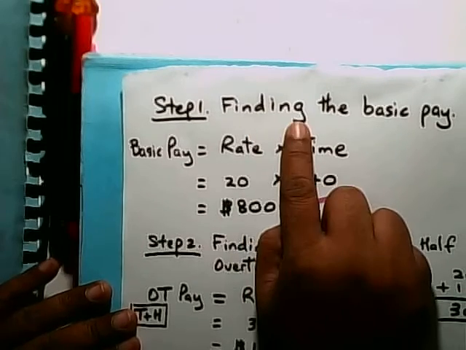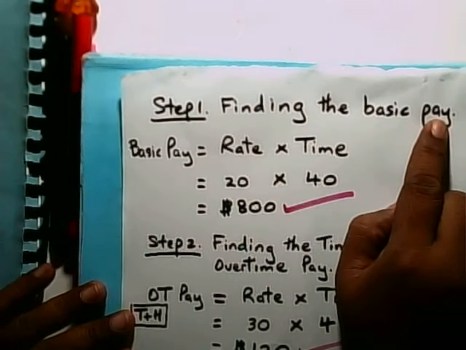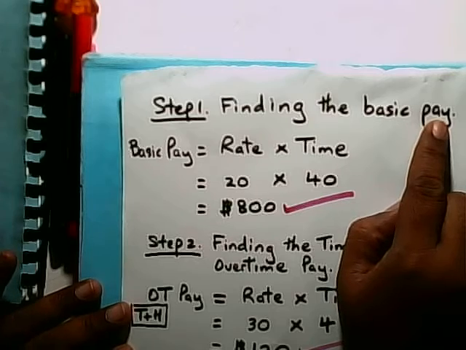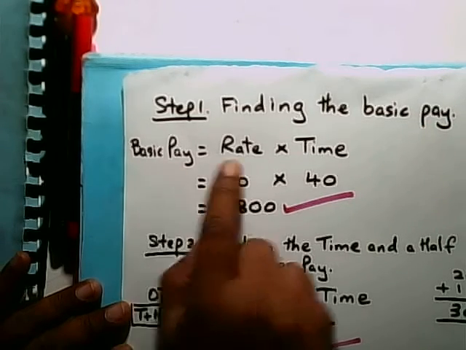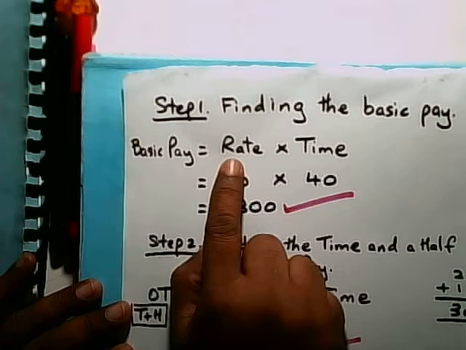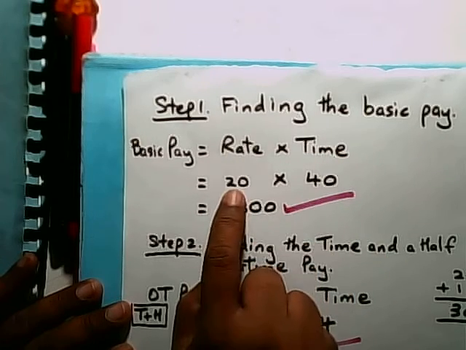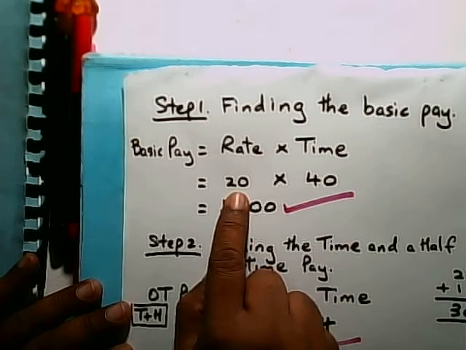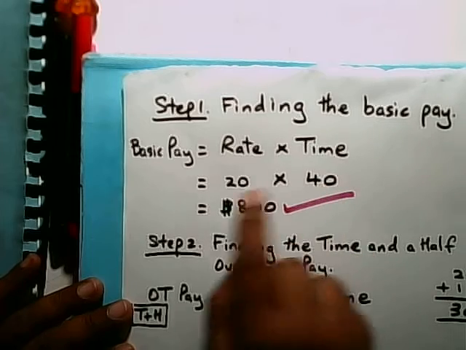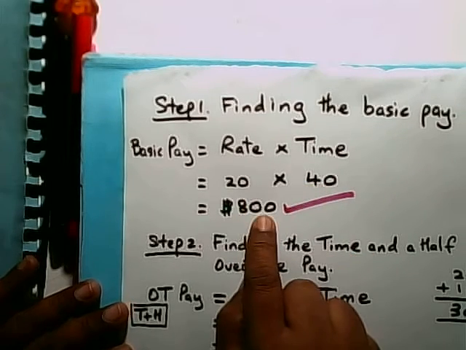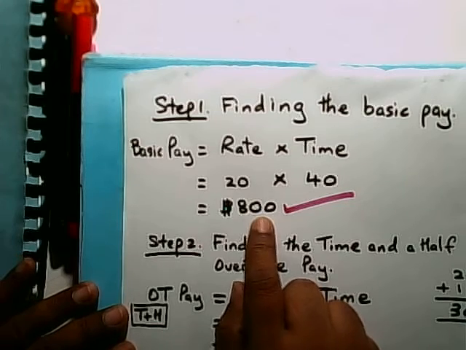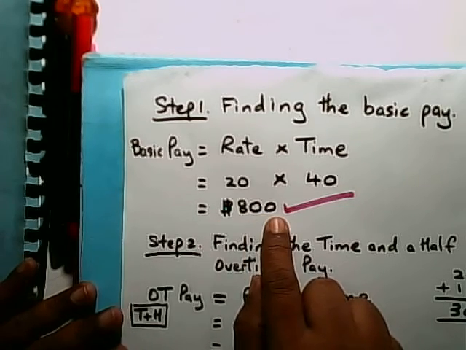First of all, we are finding the basic pay as the normal 40 hours alone. So basic pay is rate by time. His rate was $20 an hour and it's 40 hours. 20 times 40, $800. So for that Monday to Friday, he earned $800 for that regular work.